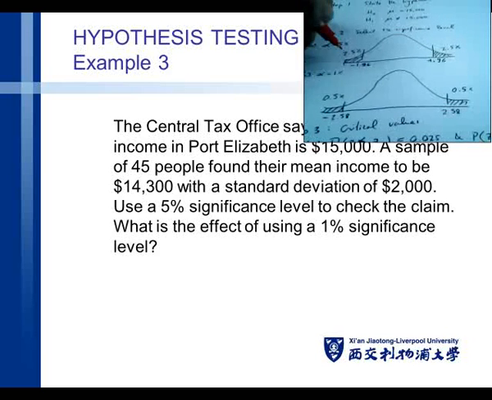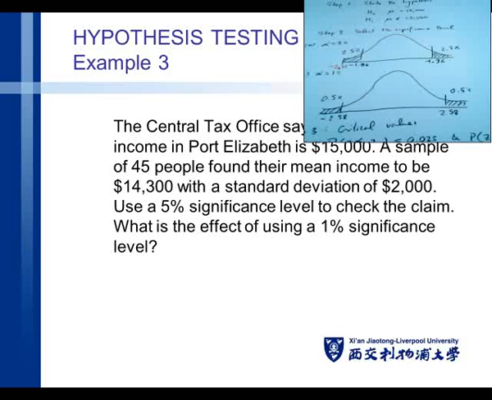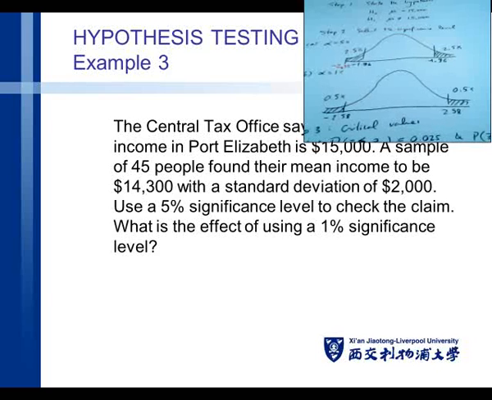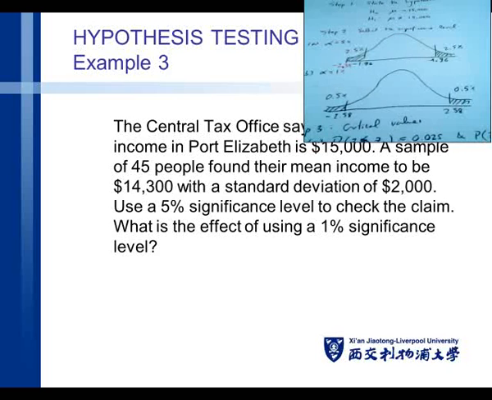And for the other one, where does it fall? Left, center, right? Good.